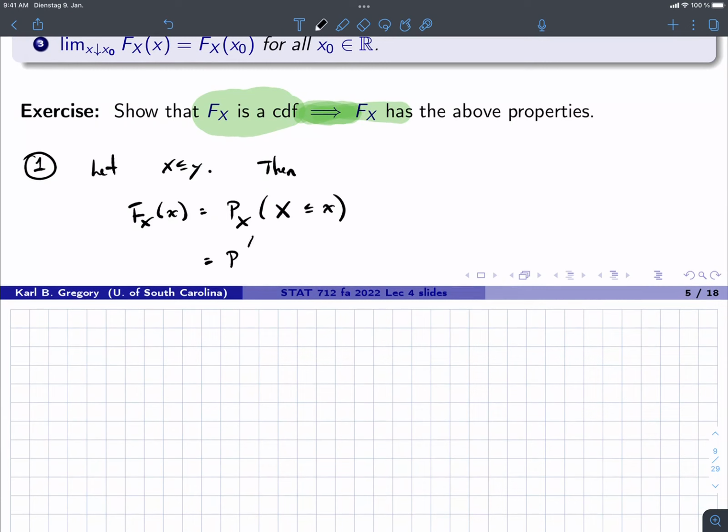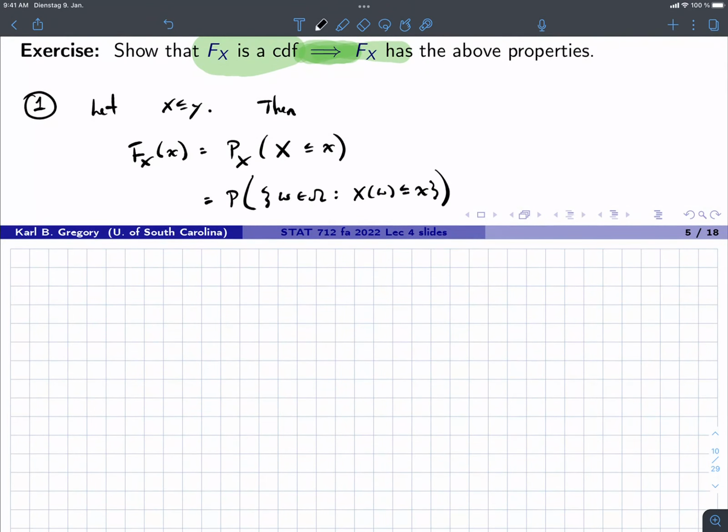And remember how we define our probability function for x. So this is the probability of the set of outcomes for which x is less than or equal to little x.